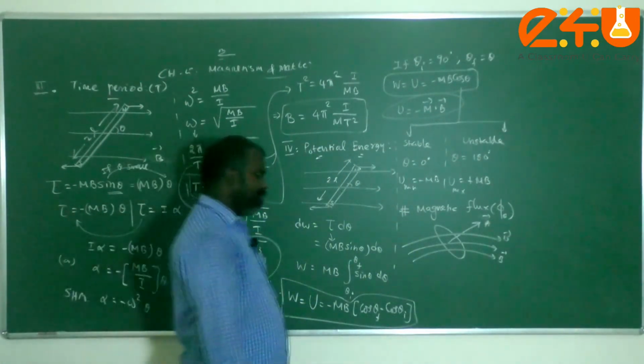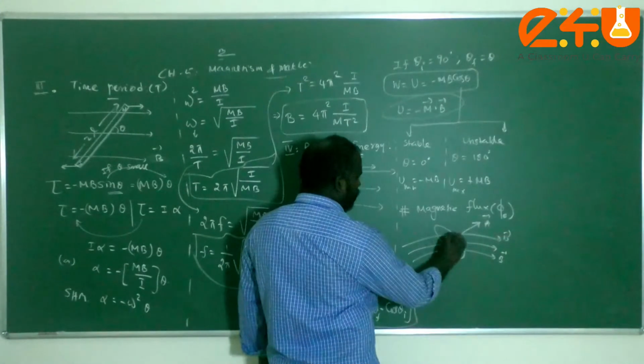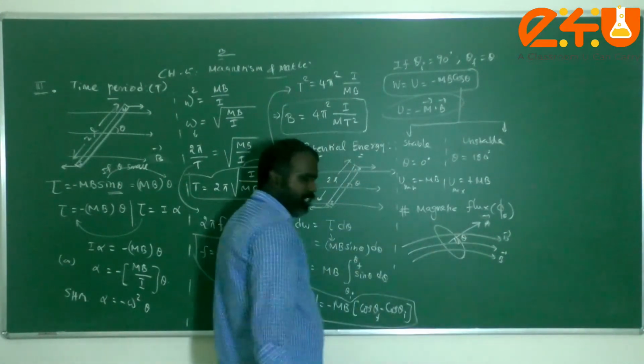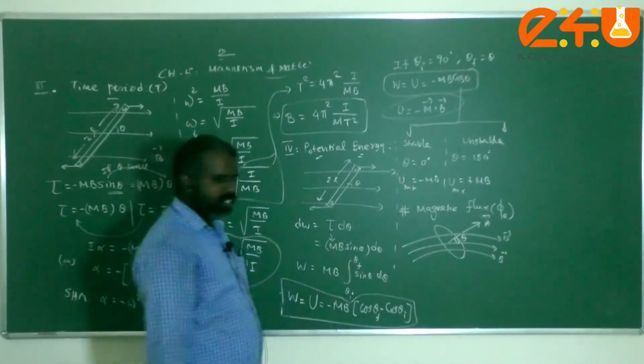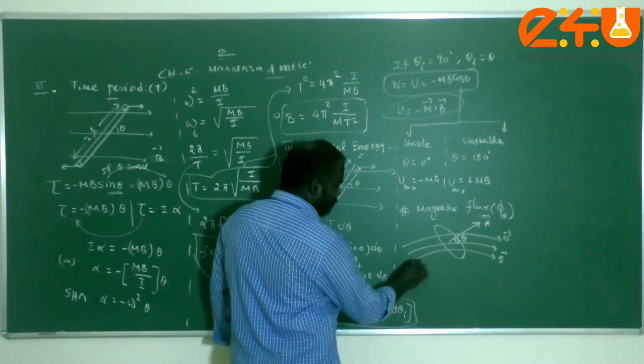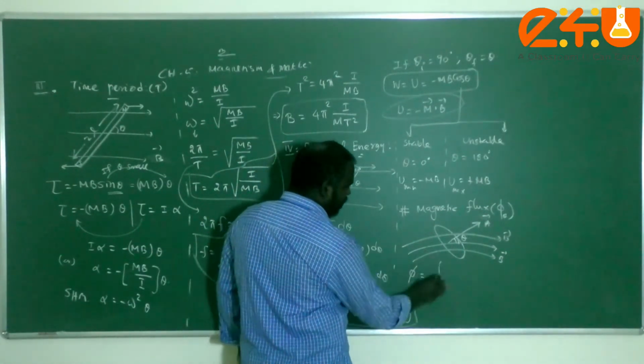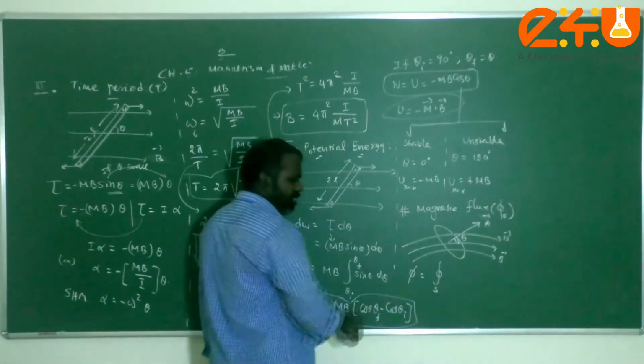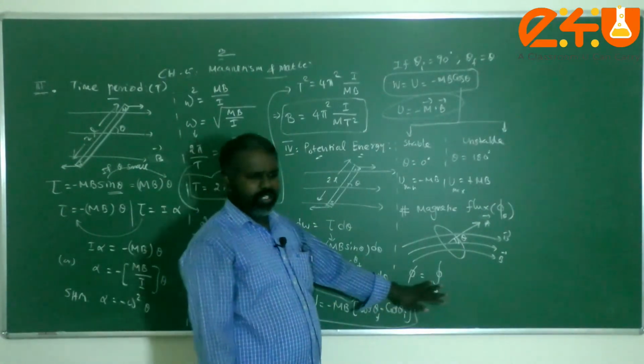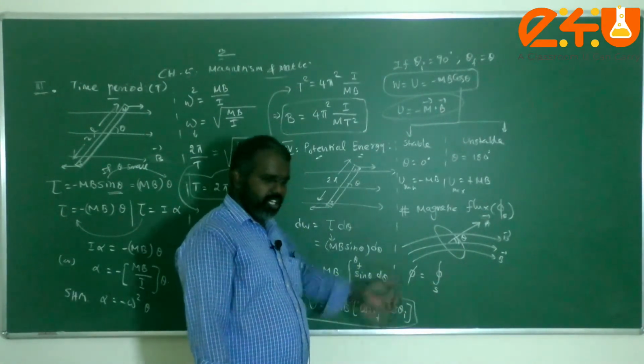The angle between the magnetic field lines and the area vector is taken to be theta. Then the magnetic flux can be defined as phi is equal to surface integral. I hope you know these things from electrostatics.